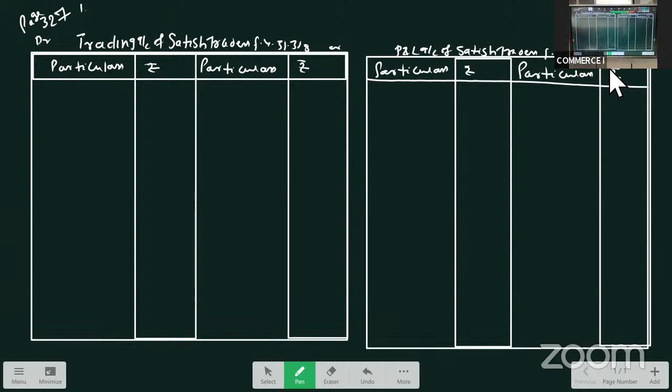So first we are preparing trading P&L account and then balance sheet, taking into consideration the adjustment entries. So first let us see what are the adjustment entries. Closing stock, as always, closing stock will be given in adjustment only. Then outstanding stationery. So we have adjustment on stationery, printing and stationery.